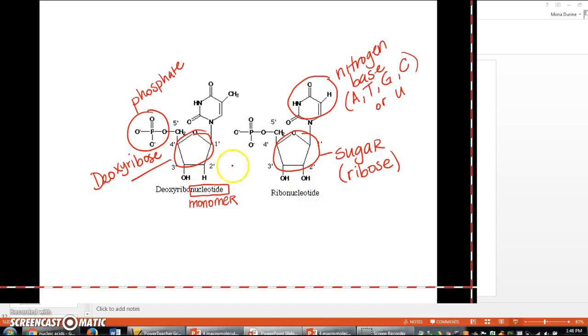The difference between DNA and RNA nucleotides, one being that there's a possibility of U for RNA, and we have T's for DNA. And notice this right here. That oxygen is present on the RNA nucleotide. On the DNA nucleotide, it's missing, so it's been deoxygenated. That's why it's called deoxyribonucleic acid, and it's deoxyribose because it's missing that. Whereas this is just plain ribose. So make sure you're able to identify the difference there.